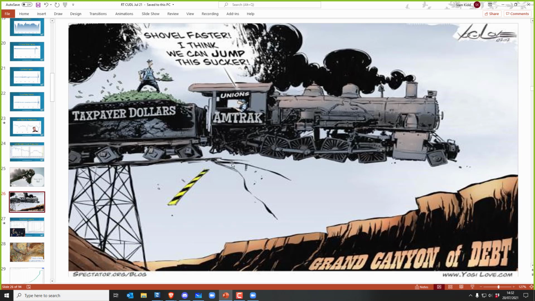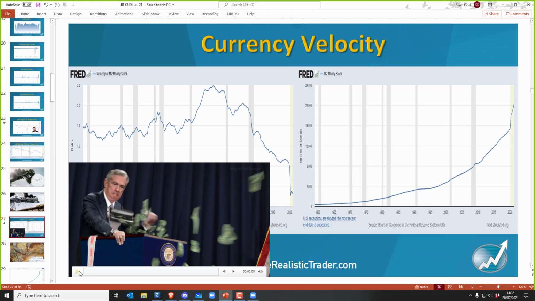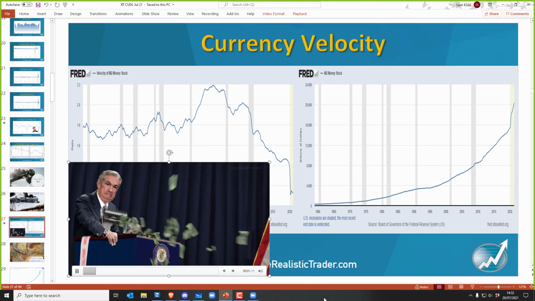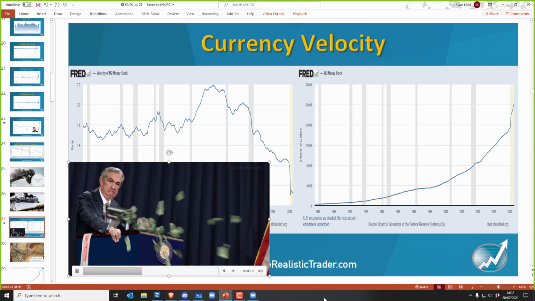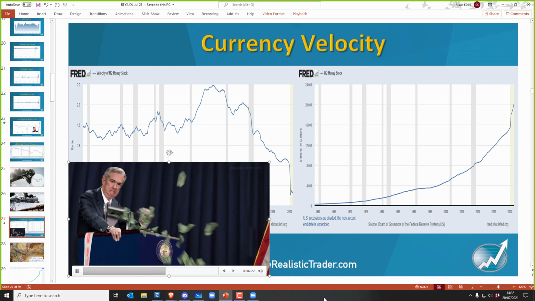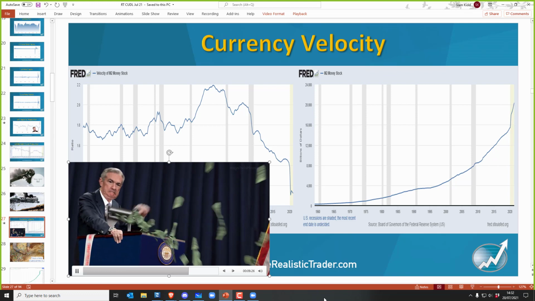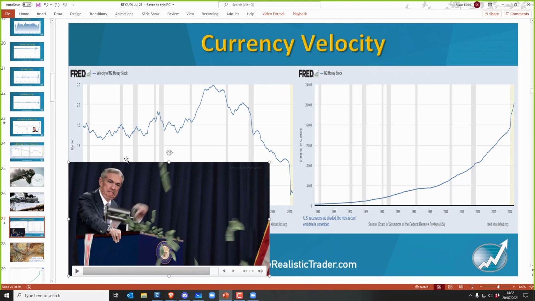Look, it's got square wheels because the whole infrastructure is defunct, and they're trying to jump this sucker. And this is real footage from inside the Federal Reserve. Yeah, so they're just going to print.